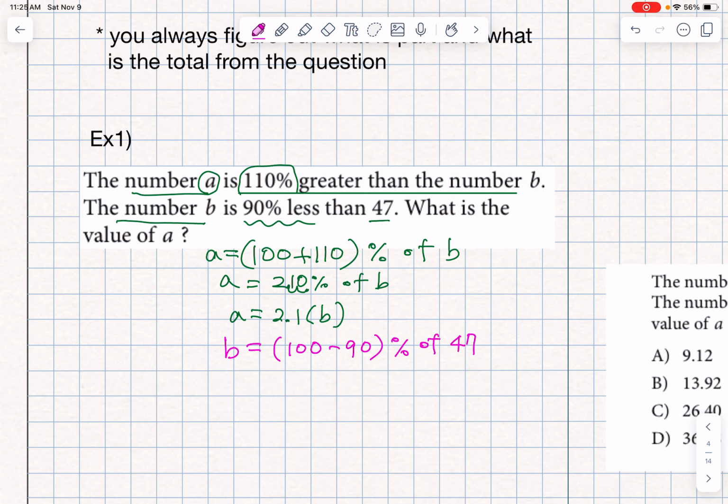If it is more than, 100 plus that percent. Then B is 10% of 47. Changing to the decimal, moving two places to the left, 0.1 times 47 equals B. Then you get B as 4.7.